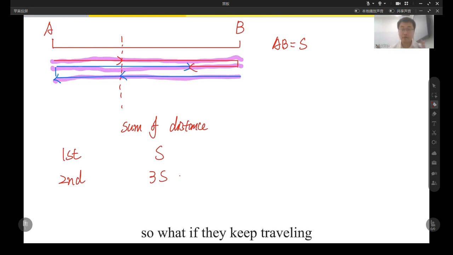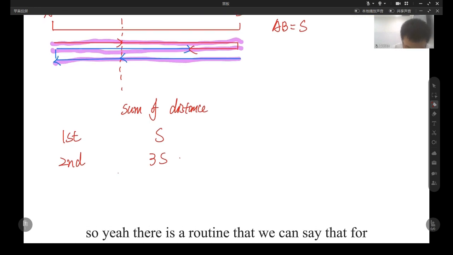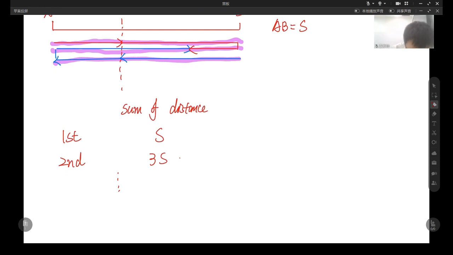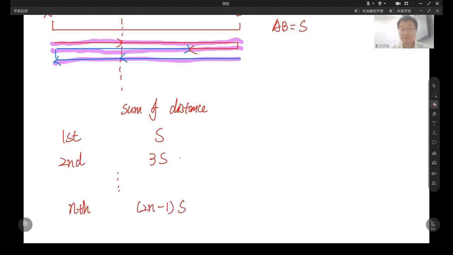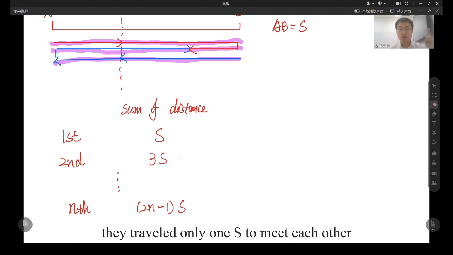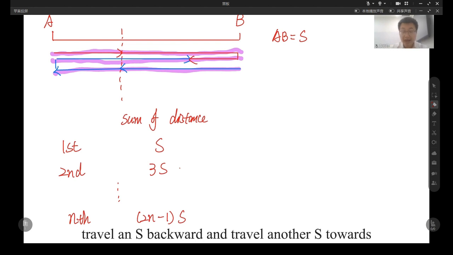So what if they keep traveling again and again? There is a routine: for the nth time meeting, they should travel together (2n minus 1) times S. It can be understood as follows: for the first time they traveled only 1S to meet each other, but after the first time, each time they should first travel an S backward and then another S forward.